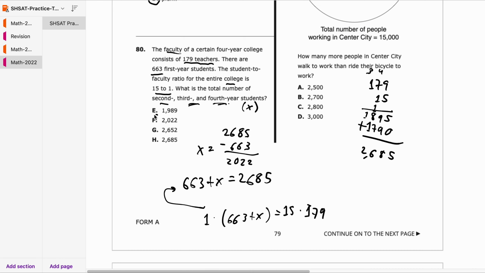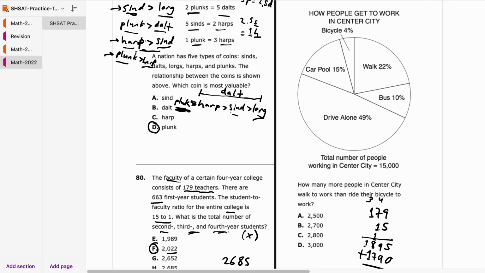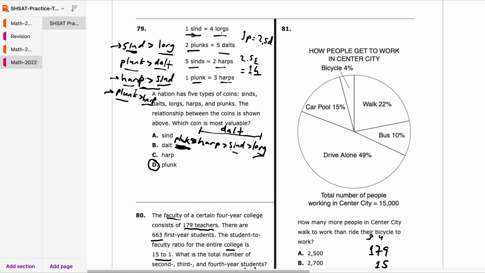So x is 2022. And that's the total number of second, third, and fourth year students. Okay. Let's erase this.